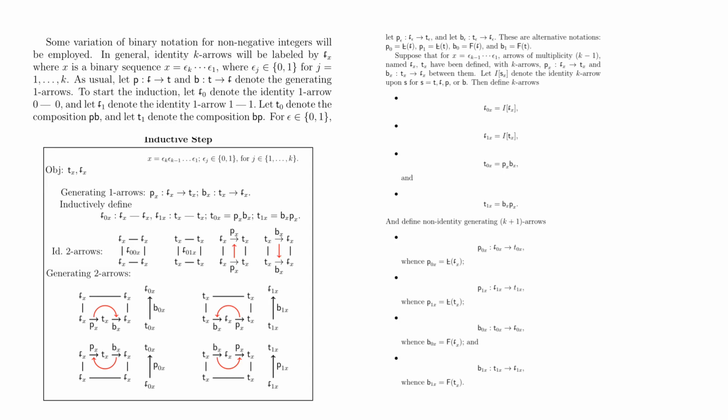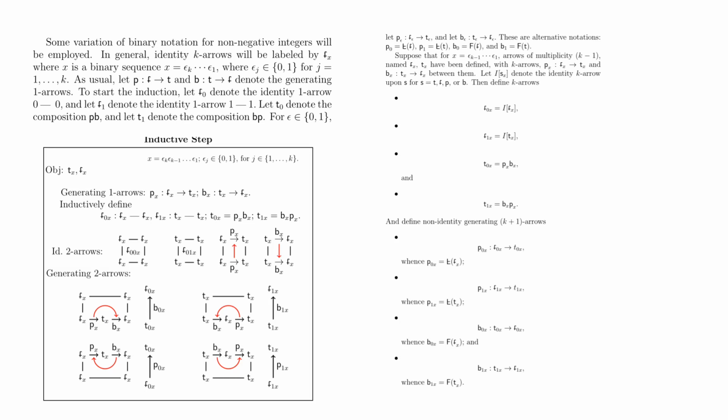And that means that each epsilon here lies in {0, 1}. So we have a binary sequence x, epsilon k through epsilon 1, and we have objects Tx and Fx, and then we create 1 arrows from them, and we inductively define F's and T's.